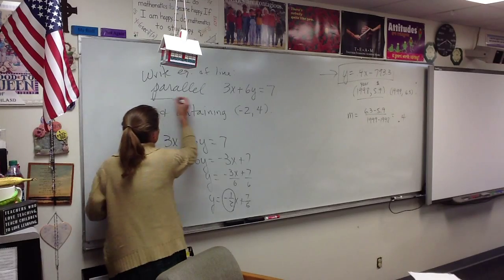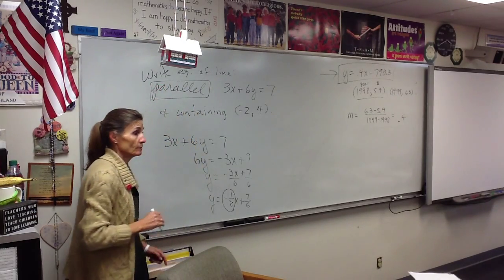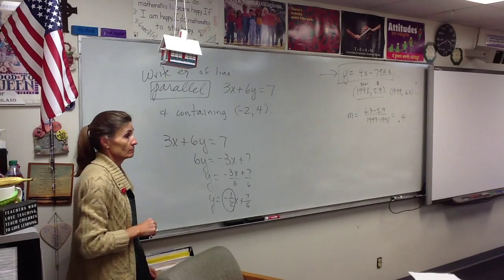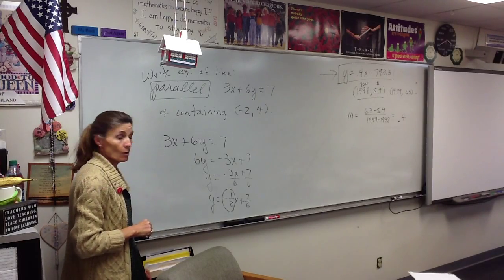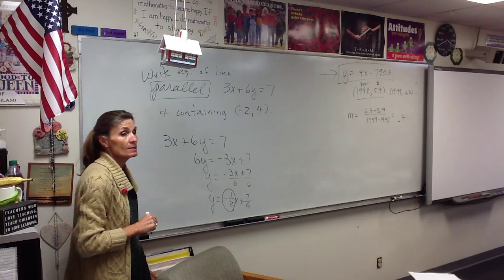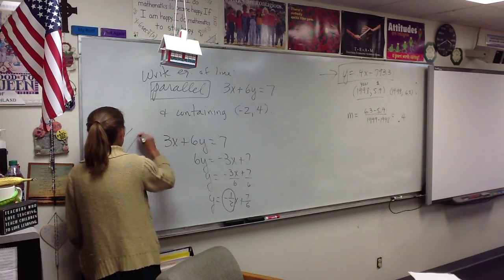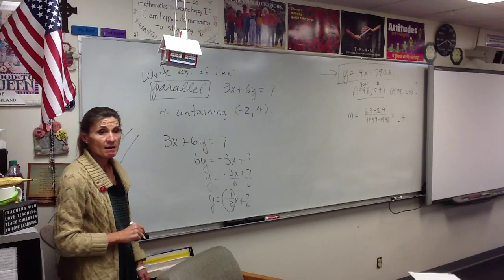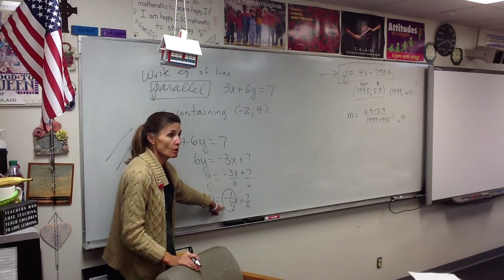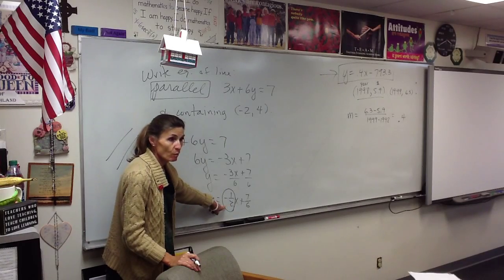Now, here's the key word in the problem. What does that tell me? No, parallel. What does parallel mean? Same slope. Think about parallel lines. They have the same rise over run. So I'm going to use a slope of -3/2.